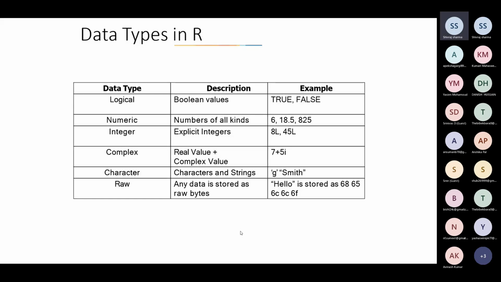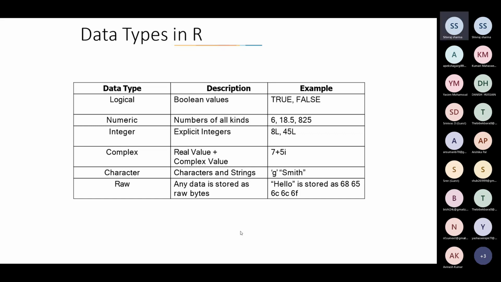Second is numerical, that you are all aware about. Integer, that again you are all aware about. Complex, that consists of real and complex values. Character type, or you can say strings.